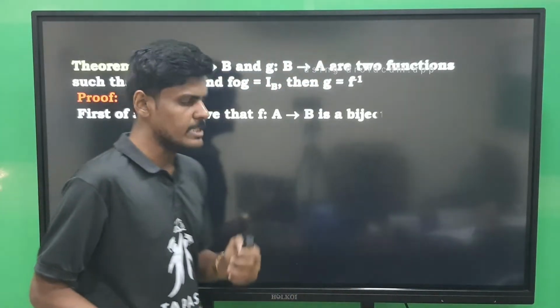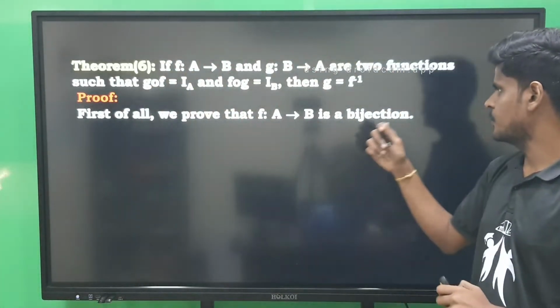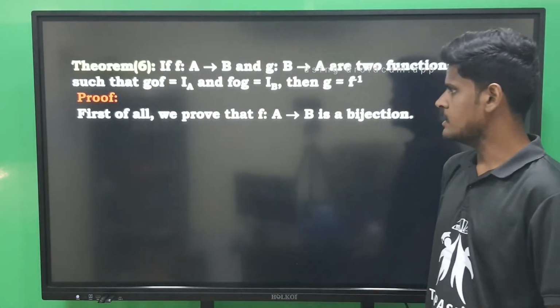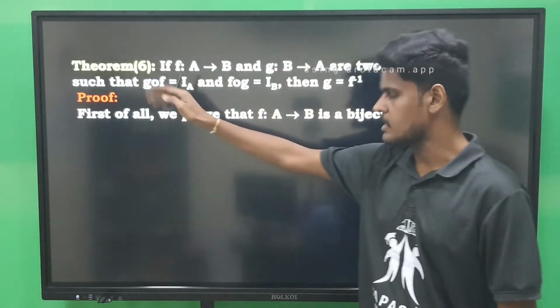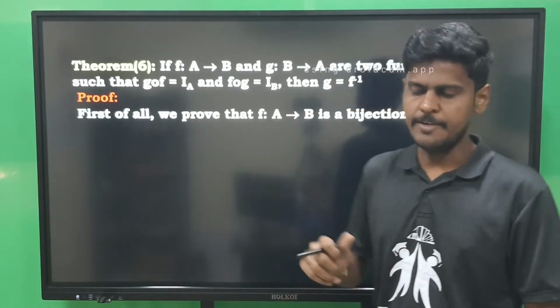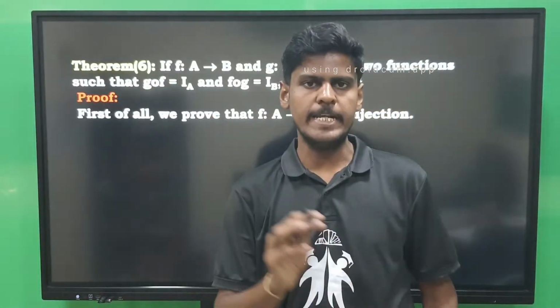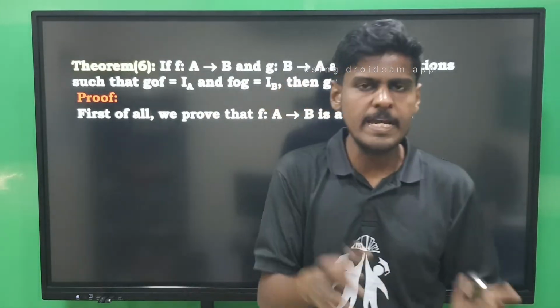Now for proving this, it is similar to the previous proof. First of all, we should prove that f is a bijection, because in this question f and g are two functions, that alone is given. From this statement also we can identify. In the previous theorem I have explained, if f inverse is given, that means f should be a bijection.